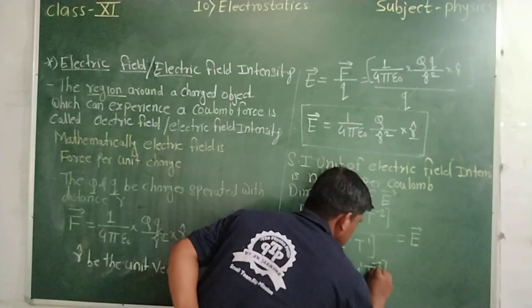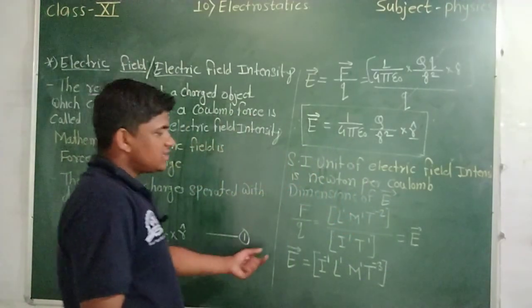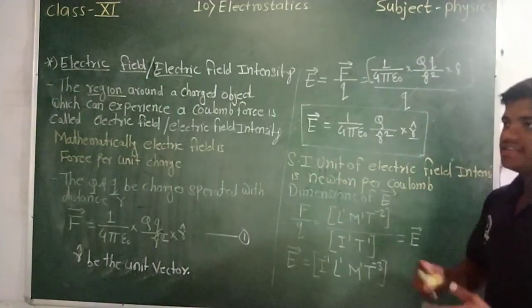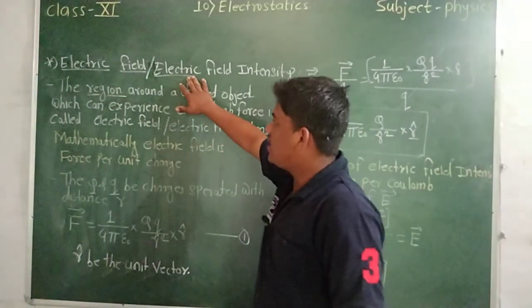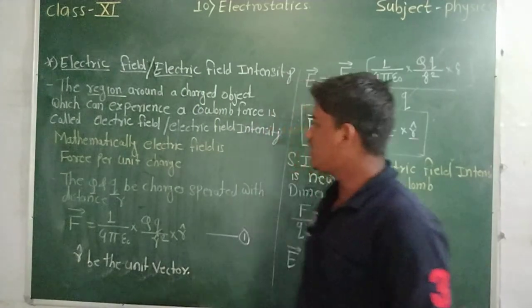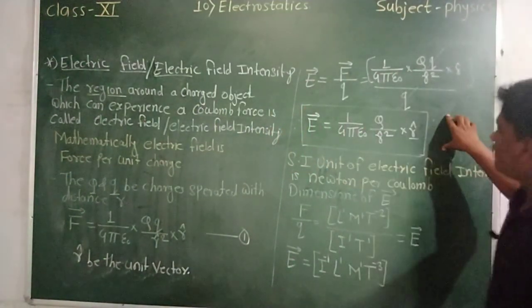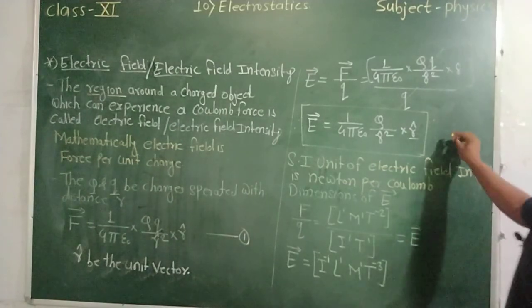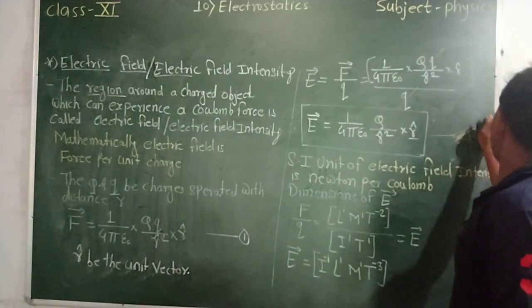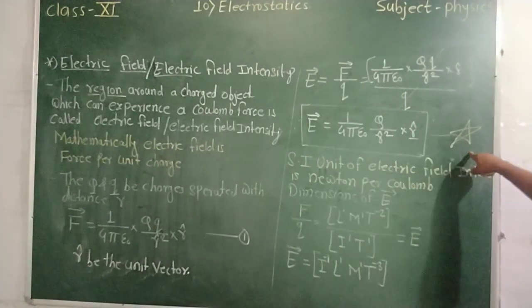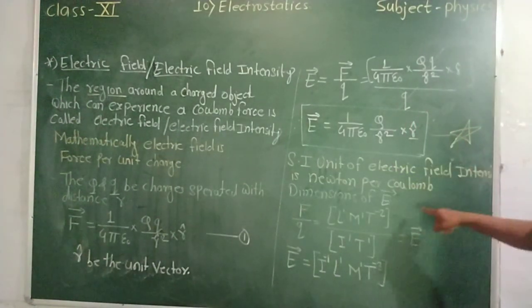This is the dimensions of electric field intensity or electric field. We are discussing in the same lecture what is the electric field, the definition of electric field, and we know the equation of electric field.